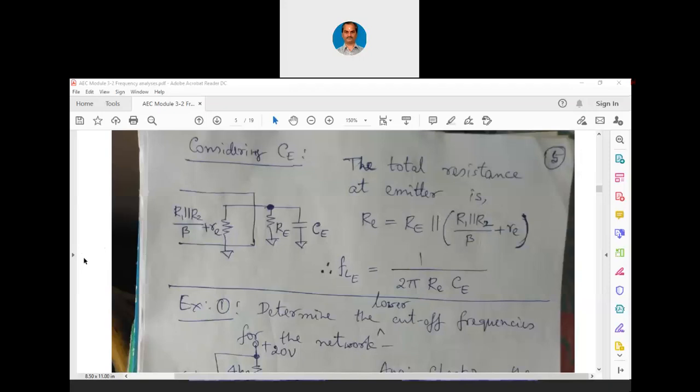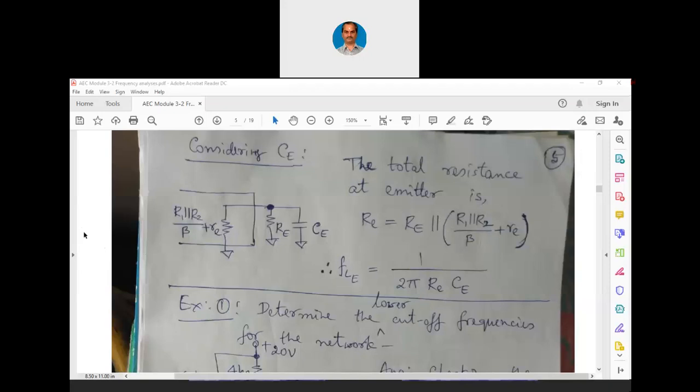Now, when we perform AC analysis, we cannot ignore even a very small quantity also. Now, you may think that R1 parallel with R2 divided by beta is going to be a very small quantity. But that way we have seen that even small re is also a very small quantity. That is also 10 ohms or 20 ohms. Now, when we perform AC analysis, we cannot ignore any stray resistance and capacitance. The reason is we want to find out mathematically the exact cutoff frequency at the lower frequency side.